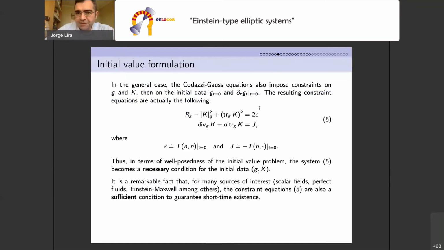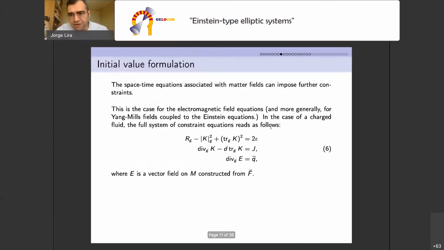In our particular case, this T is given by that particular choice of the charged fluid. Well, that's the kind of system you have in mind, but you have to add another equation that prescribes the electromagnetic field from the charge density in this fluid. So that's the full system.